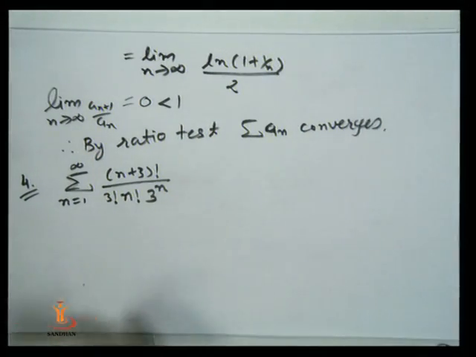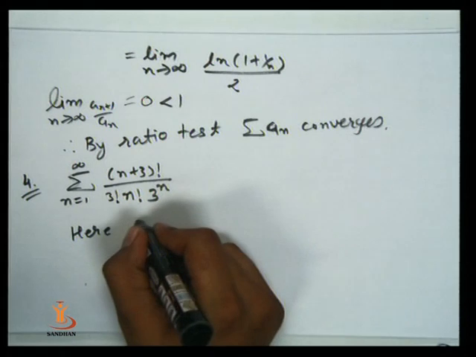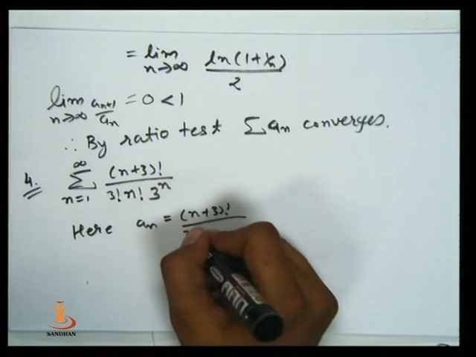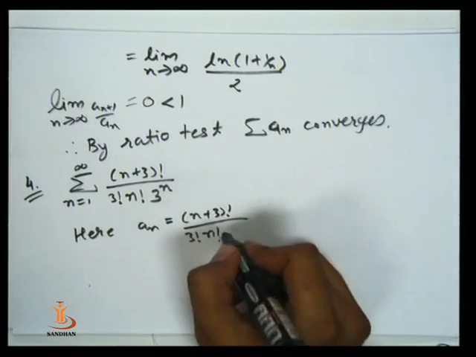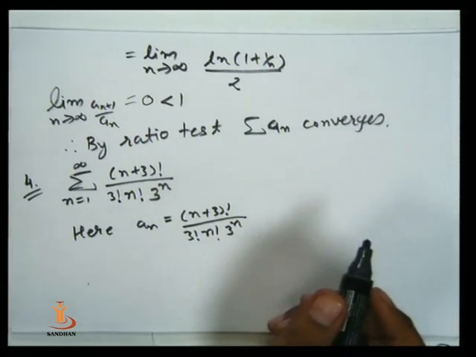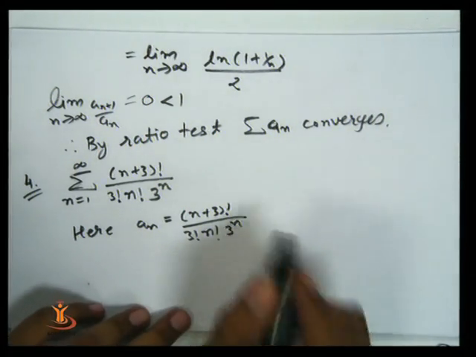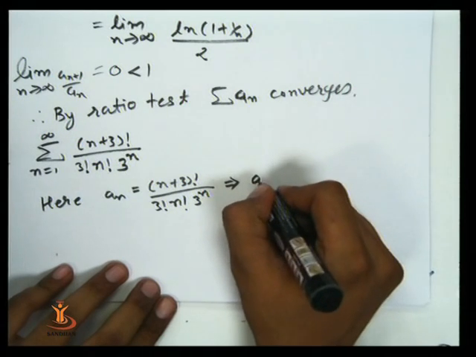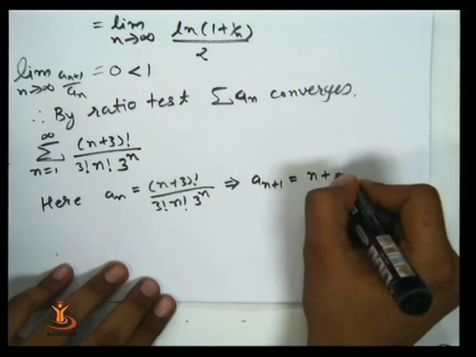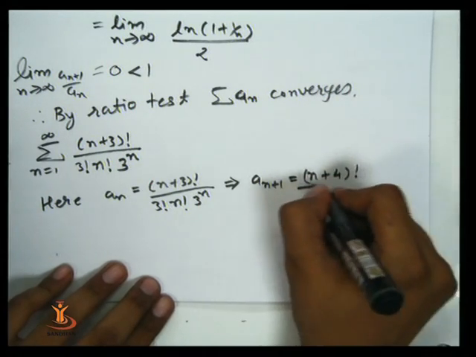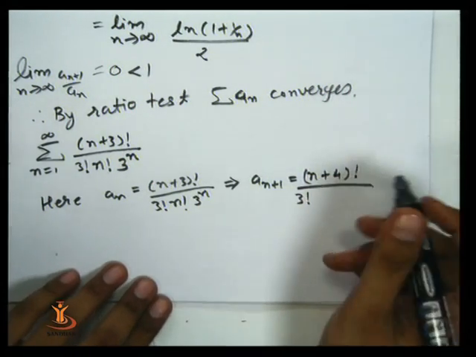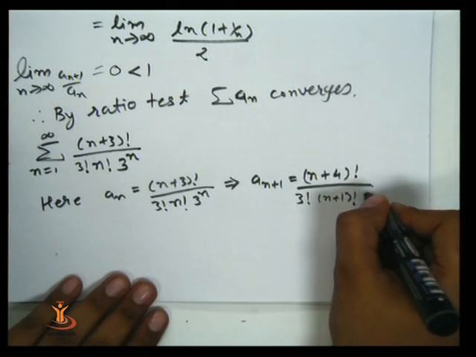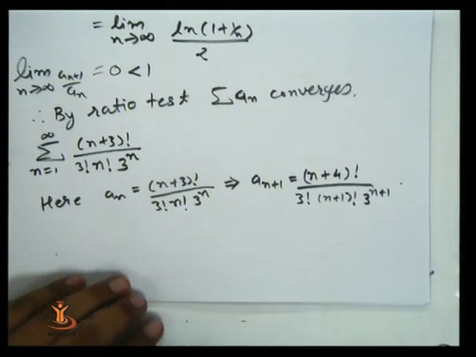Now here we have a_n as (n plus 3) factorial upon 3 factorial n factorial into 3 raised to n, and from that we have a_{n+1} equal to (n plus 4) factorial divided by 3 factorial, which will be as it is because it's independent of n, then n factorial converts to (n plus 1) factorial, and 3 raised to n plus 1.